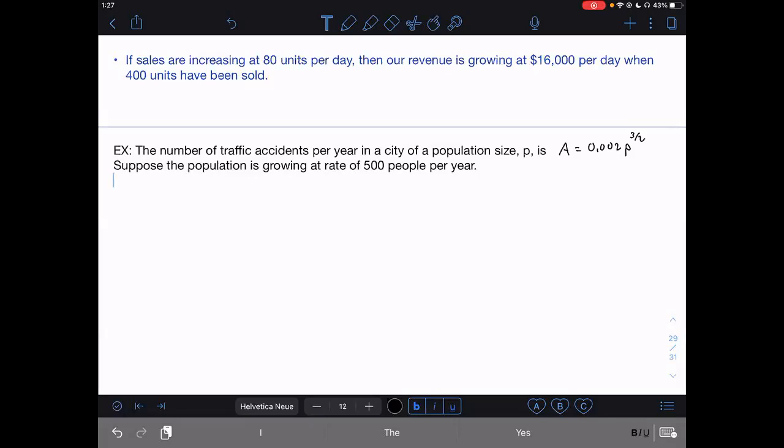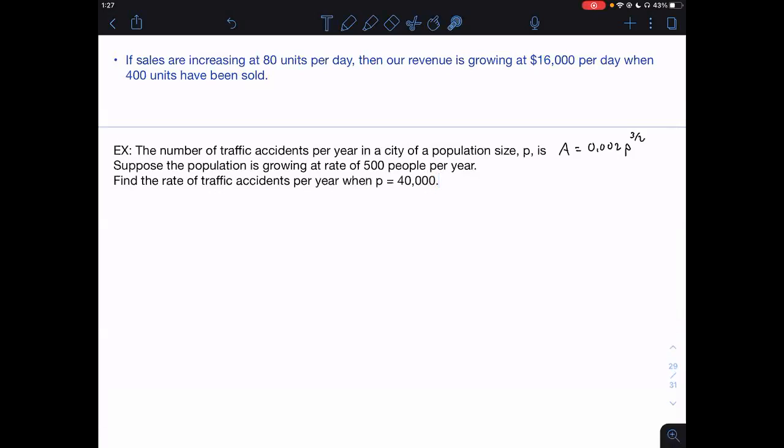There we see the keyword rate. Let us find the rate of traffic accidents per year when the population is 40,000 in the city.